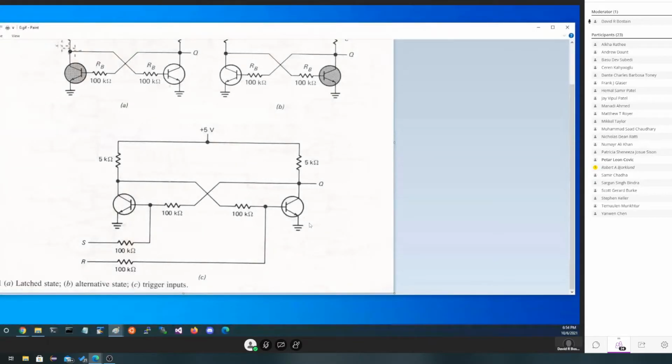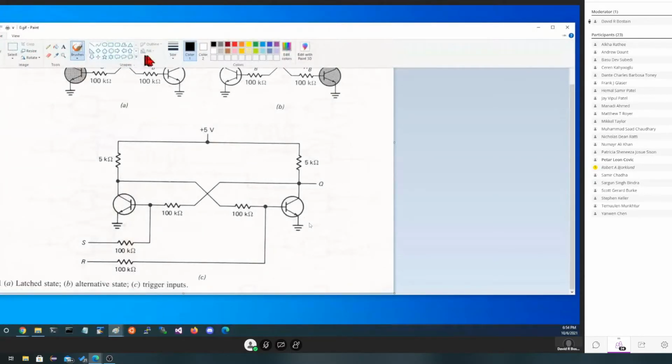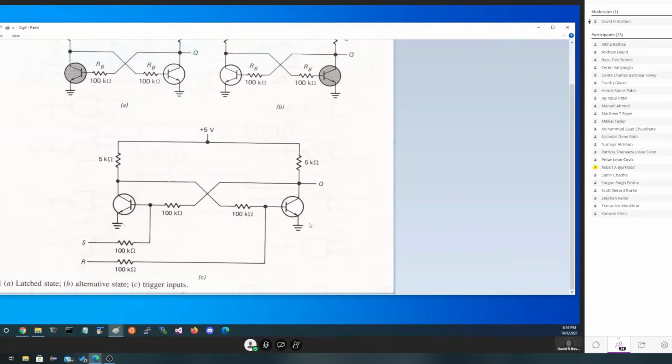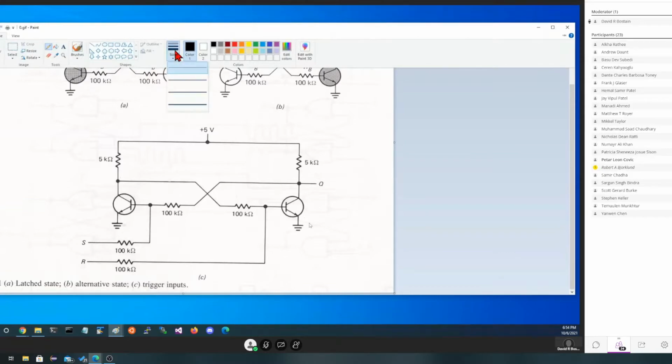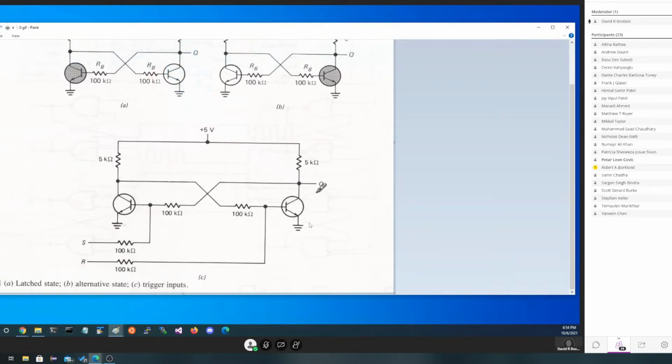So let's assume for a second that we have a 0 on Q. That tells us about the state of this transistor.